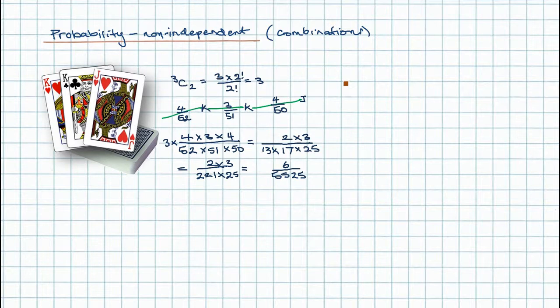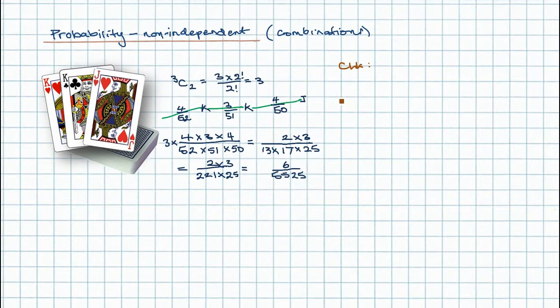Now, for the second method, I'm going to check, again using a combinations approach. In fact, this is going to be using a full combinations idea, and you'll find it a bit simpler, maybe a bit quicker. Also, it will give us a way of checking this result. So let's write check. We'll do it in a different color so you can see what's going on.